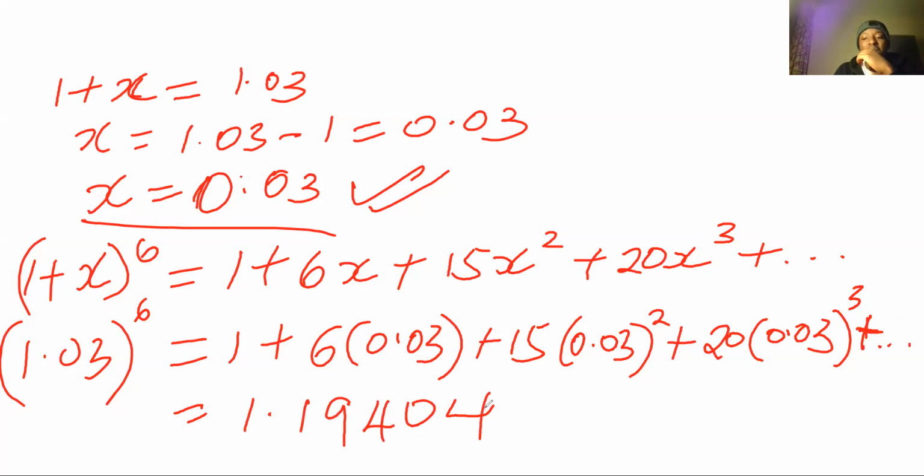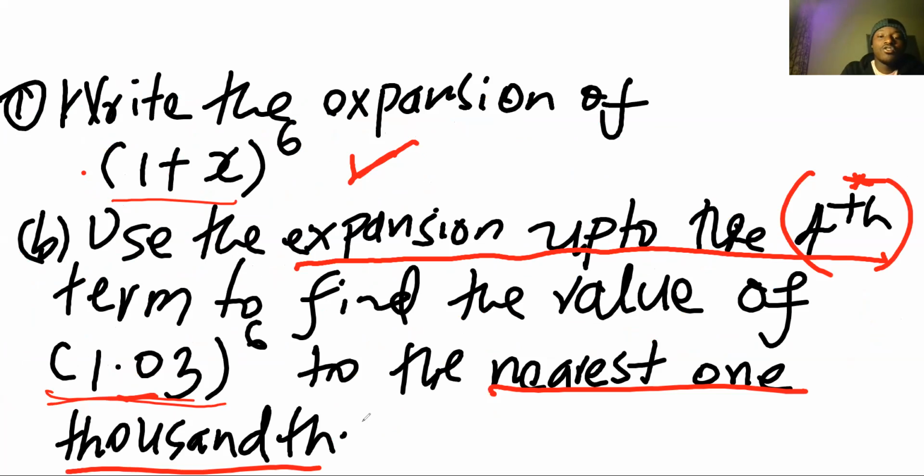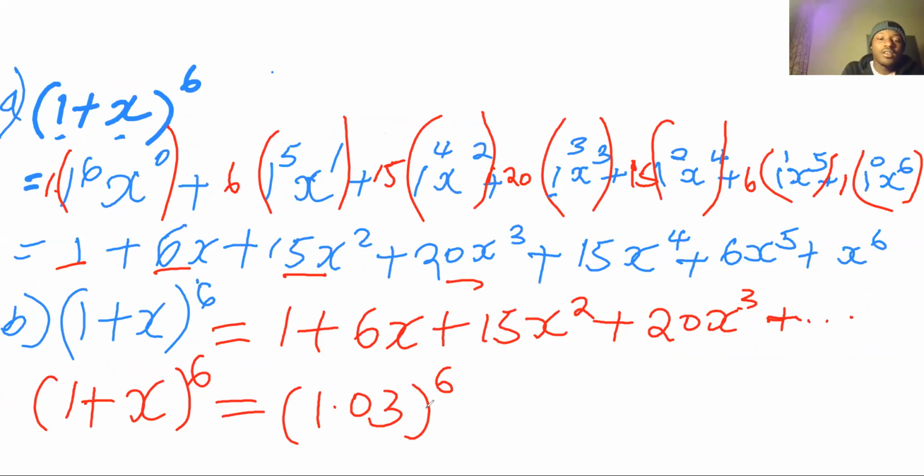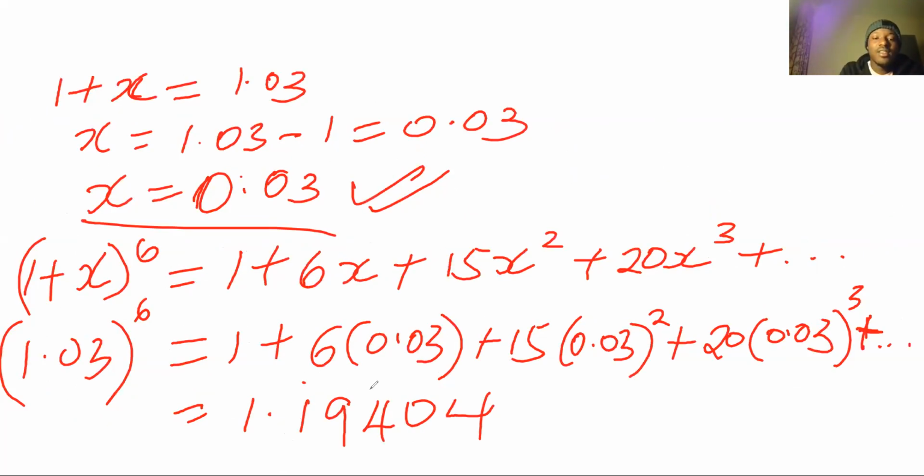So remember, there's this part of the question that said what? To the nearest 1,000th. So to the nearest 1,000th, this is 10th, this is 100th, this is 1,000th. So this answer will be approximately equal to, of course, to the nearest 1000.